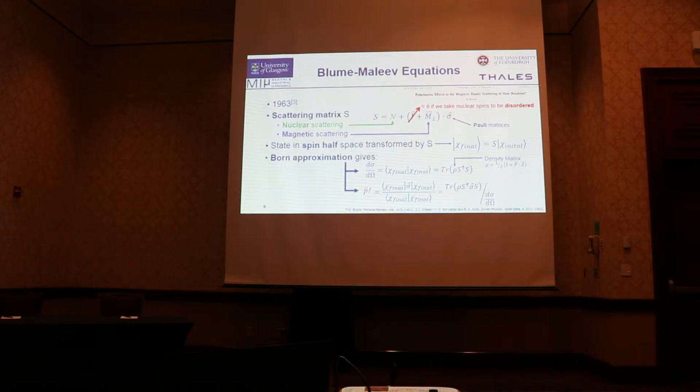So the mathematics behind this, I'll just go through briefly. Back in the 60s, so you have your nuclear scattering P's, your magnetic P's. We ignore the nuclear spins, we say they're disordered, and if we take the Born approximation, then we arrive at these things here, and we can compute these in their full tensor glory, but I'm not going to do that.